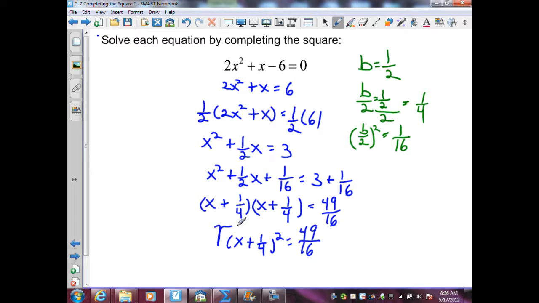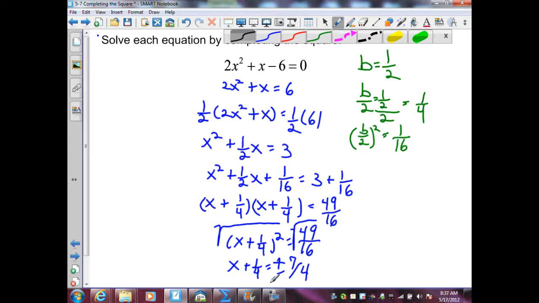Take the square root of both sides, and I get x plus 1/4 equals plus or minus square root of 49 is 7, and the square root of 16 is 4. Now I can make two equations out of this.